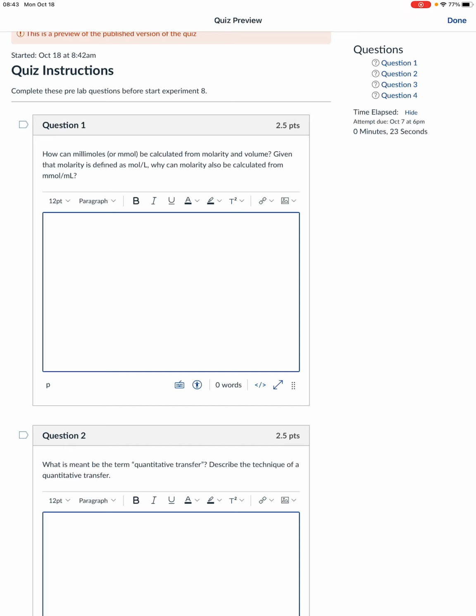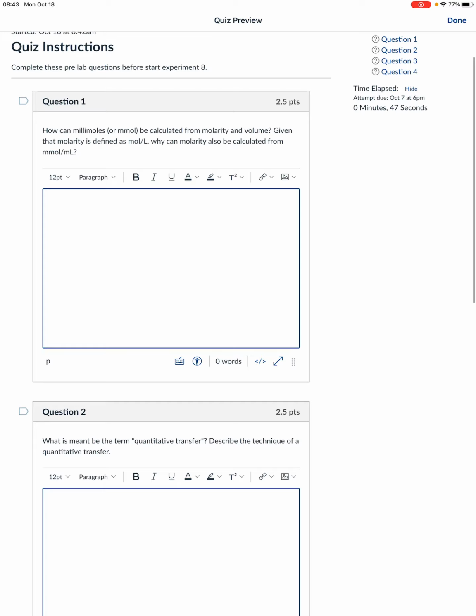If you're using molarity or moles, then all of your volume units are in liters. But if you're looking for millimoles, everything's in milliliters. As long as all your volume units are the same, they all ultimately cancel out. So you can get the same answers by using milliliters instead of liters because you're working in millimoles.